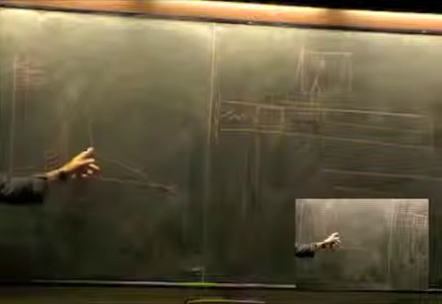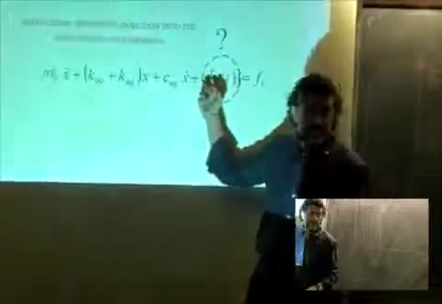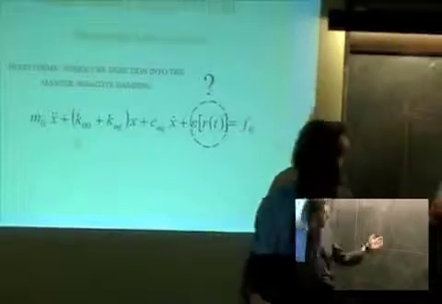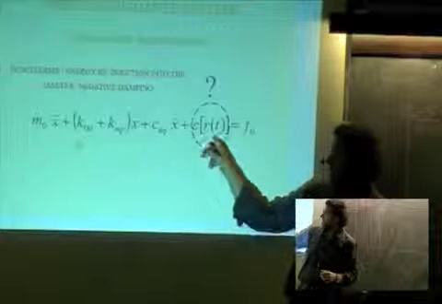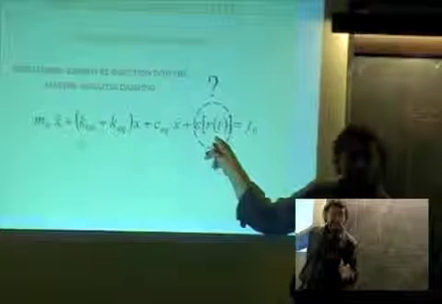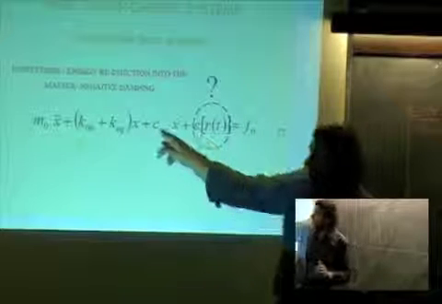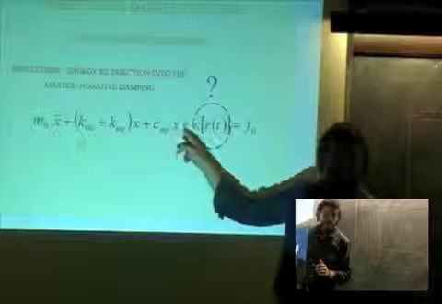This is the key point of our analysis. I can ask what distribution of frequency makes epsilon as close as possible to 0. Because if I can design a system in which the distribution of frequency is such that this epsilon goes to 0, I am in the condition of having the maximum dissipation effect.